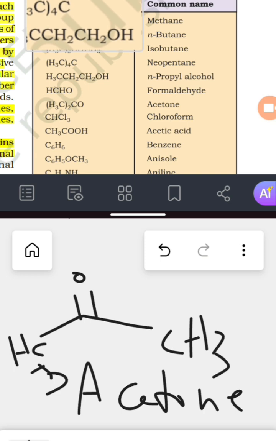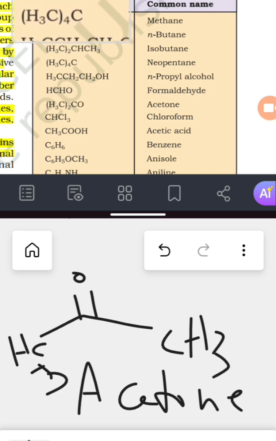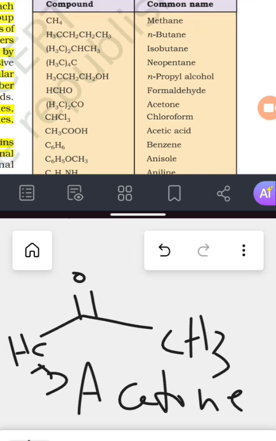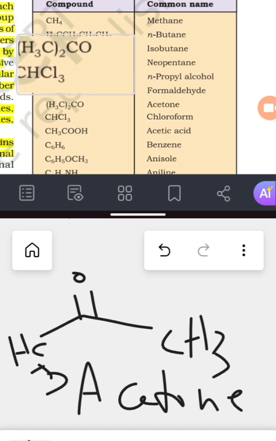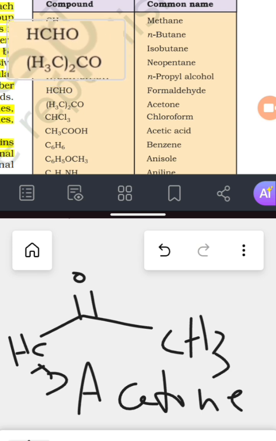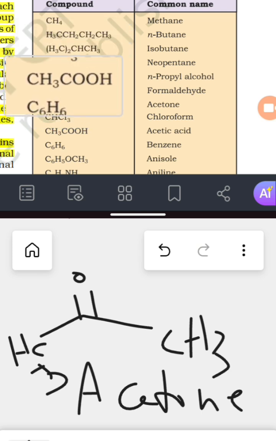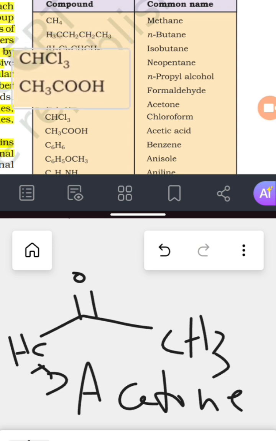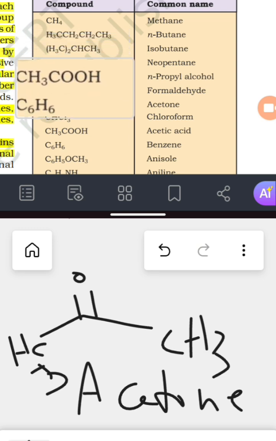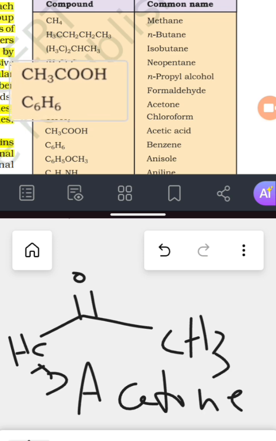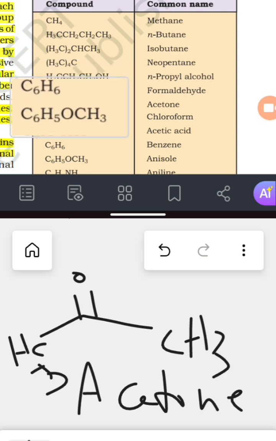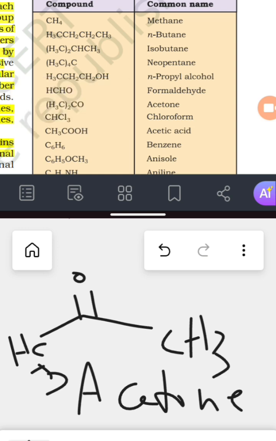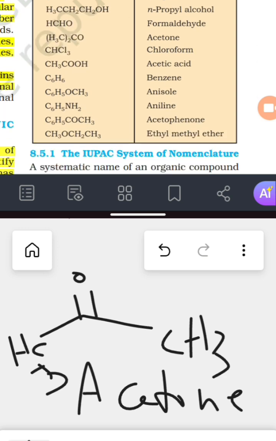We can also see formaldehyde and acetone, and below it chloroform, and after that acetic acid, then benzene, then anisole.